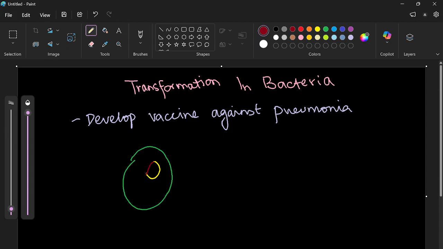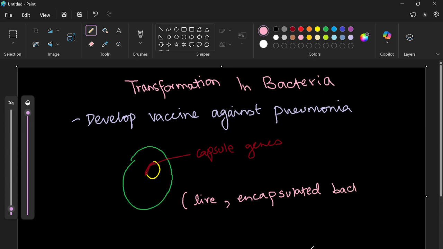And as I have mentioned, this part of the DNA had the capsule genes, which is why this cell, which was initially the live unencapsulated bacteria, has now transformed to live encapsulated bacteria with the capsule genes, which were initially the dead bacteria's DNA. But now the dead bacterial cell has released its DNA, and that DNA has been integrated with this DNA. Okay, so this is the transformation process.